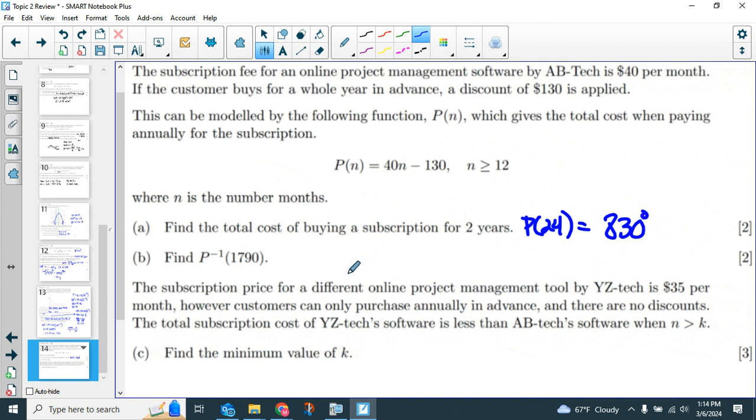Find P inverse of 1790. Well, guys, remember inverses are just switching x's and y's. So plugging an x value into the inverse is the same as setting the original function, plugging that number in for y. So I can really just do this by saying 1790 has to equal 40n minus 130.